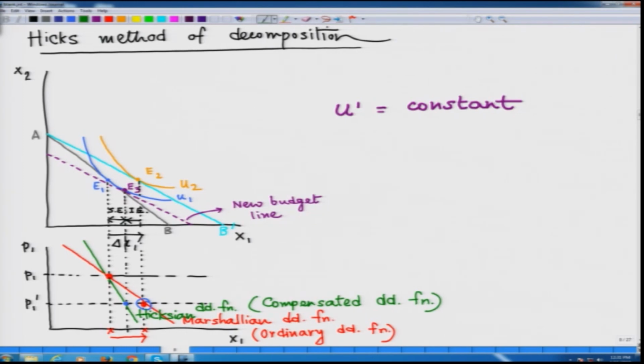So, when we approach this problem of total price effect decomposition, what way to go? We can think of a two-step procedure. As price of a commodity changes, we have seen there are two types of effects, the change in the relative price ratio and change in the purchasing power. So, we can fix one at a time and study the impact of the change in the other.